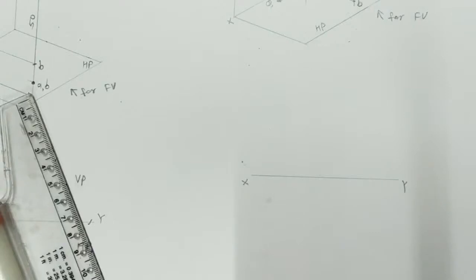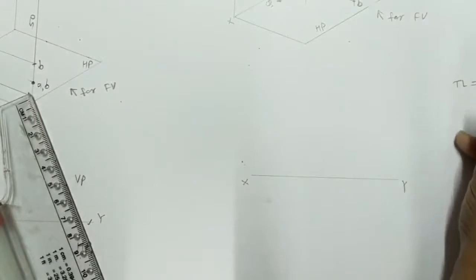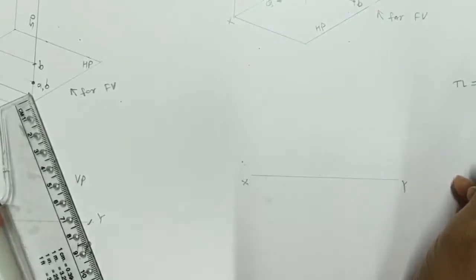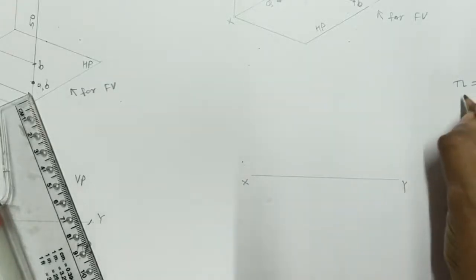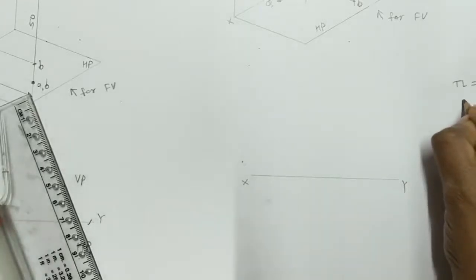So suppose we take an example, that is a line AB having true length 40 mm, whose end point A is 20 mm in front of the VP and 30 mm above the HP.